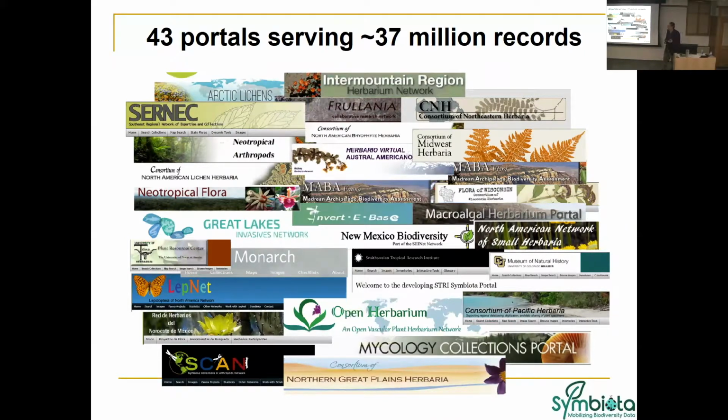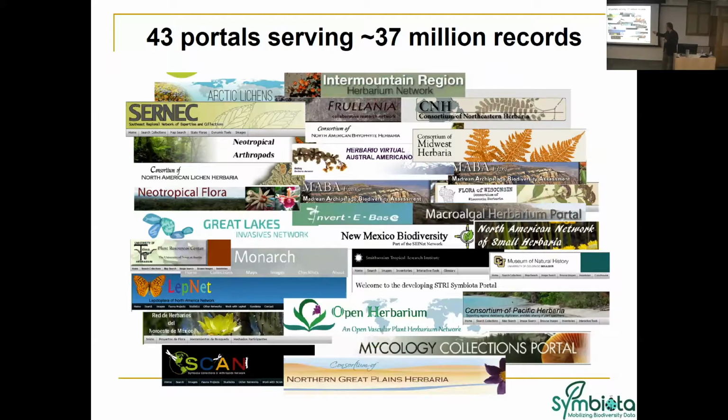There are 43 portals as of today, serving somewhere around 37 million records in total. If you read the names of a lot of these, you'll see that they're either regional portals, for example the Intermountain Region Herbarium Network for plants, or they're more taxon-specific portals.